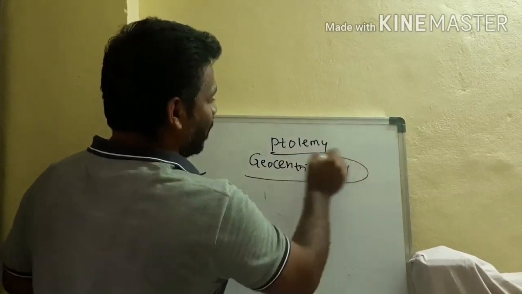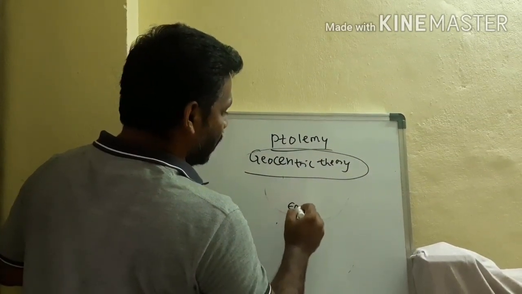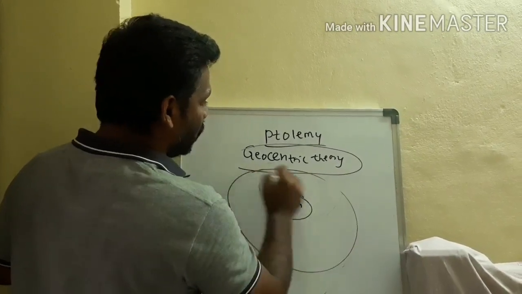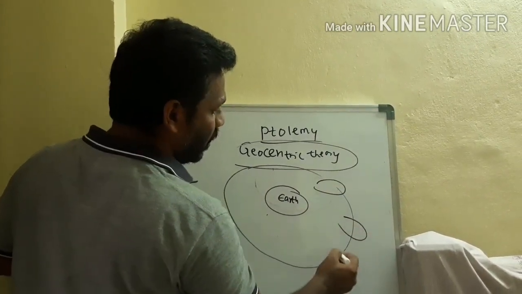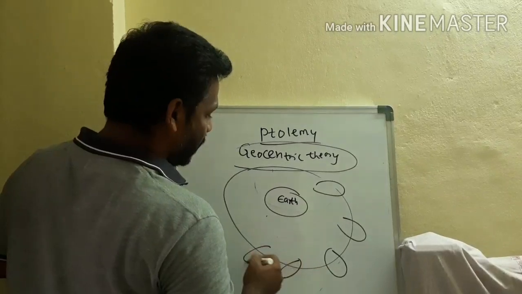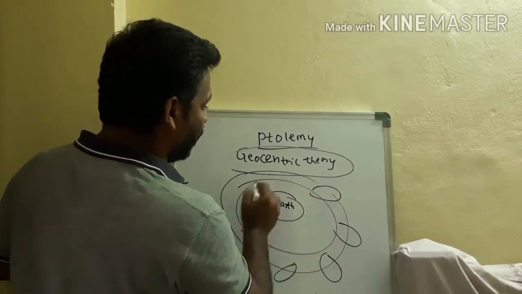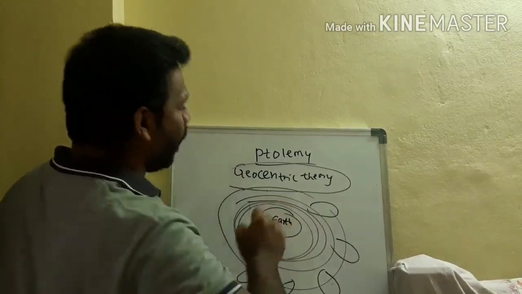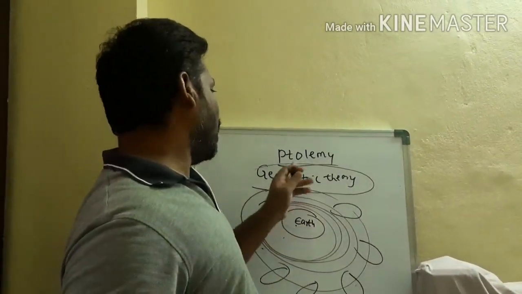Geocentric theory is nothing but that the Earth is the center figure of the whole solar system, he said. Mercury, Venus, these all are in rotation and revolution around it, he said. The Earth was the center of the solar system, proposed Ptolemy.